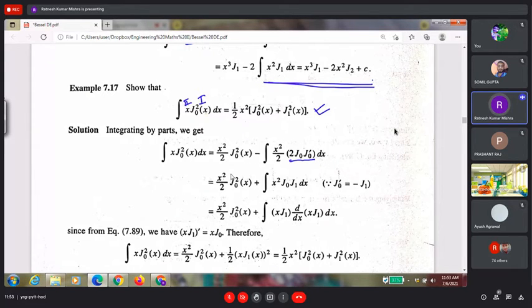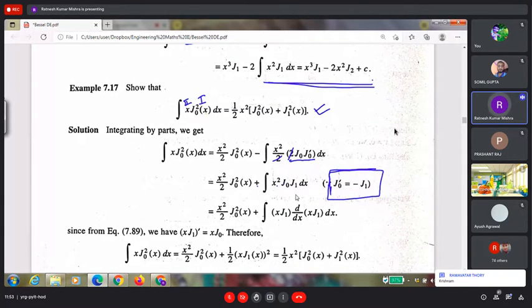First term, this is as it. Now we know that j naught dash equal to minus j1. So substitute the value of j naught dash equal to minus j1. So minus minus plus, 2 to cancel, this 2 to cancel, x square j naught and j naught dash के जगह पे minus j1. So this is plus.